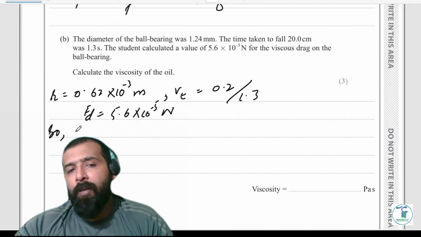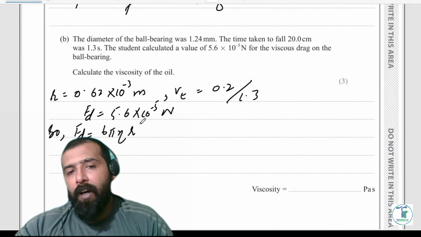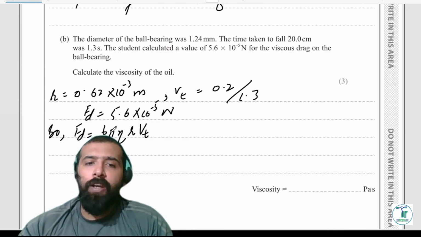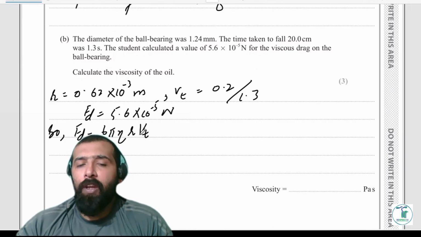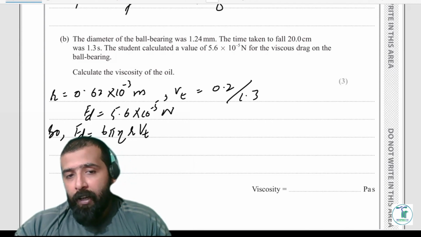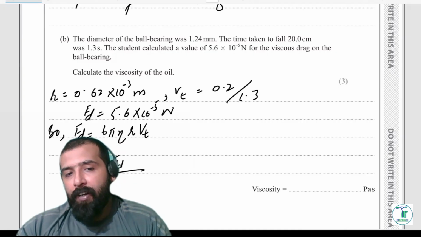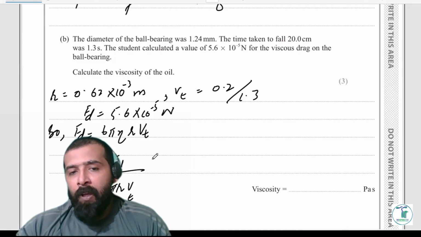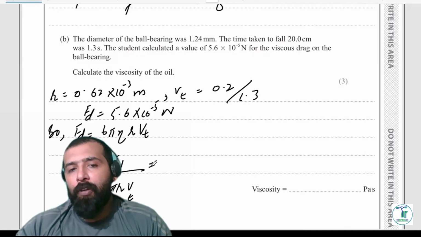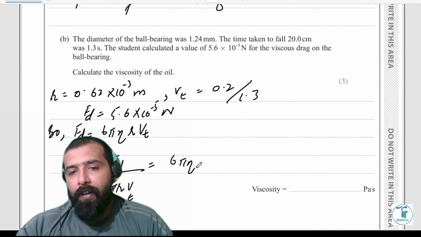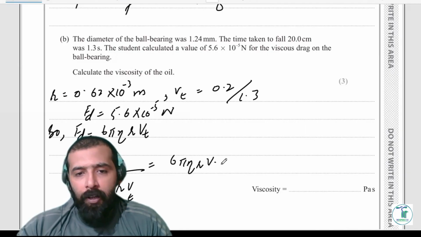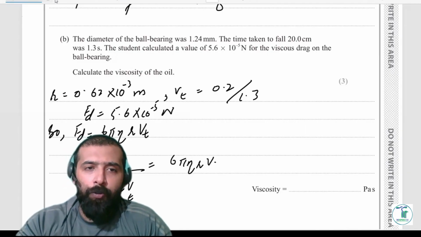So by using the same formula that the drag force is equal to 6 pi eta RVT, we can calculate the eta, and the formula for the eta is going to be FD divided by 6 pi R times VT. Is that clear? And now we just need to plug in the values. You've got the drag force already.